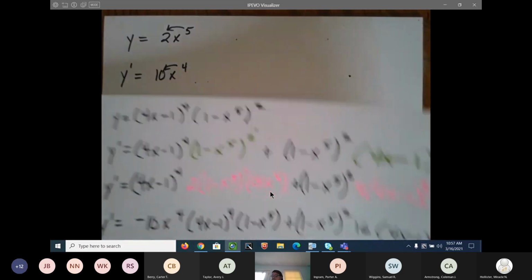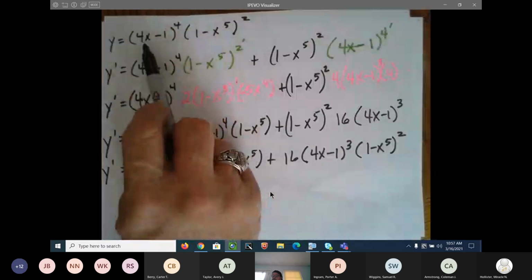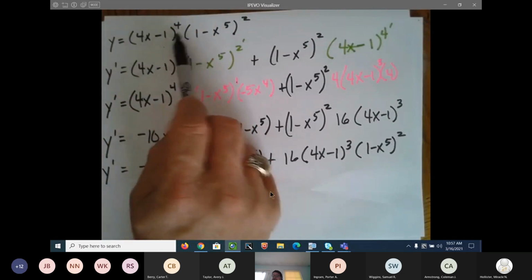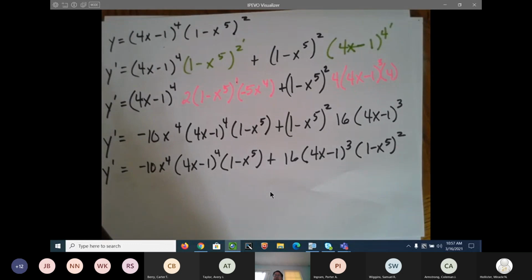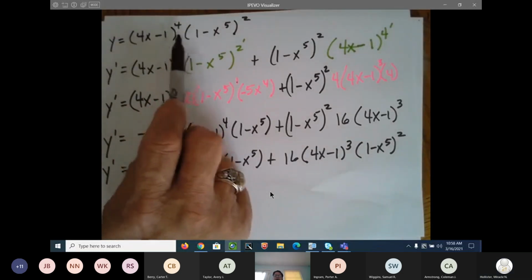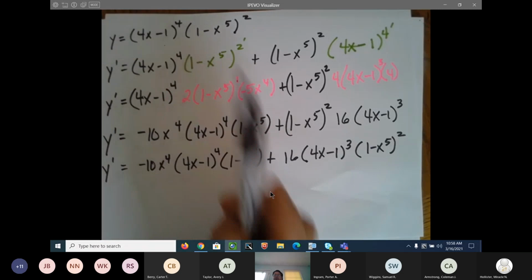Because now what I could do is give you one question on the test, this question right here, and tell you to find the fourth derivative. Would you rather do that, or would you rather I do a little bit out of each section? I think a little bit out of each section. Yeah, you don't want to do this to the fourth derivative. No. You'd have about 10 pages of work.